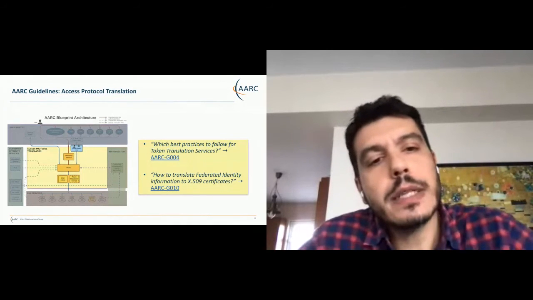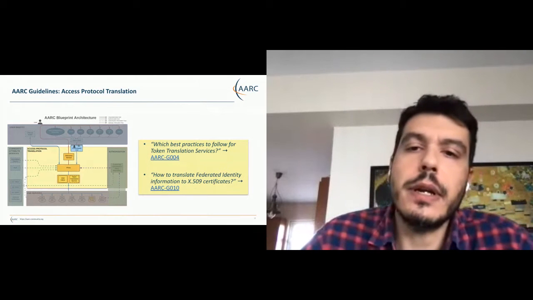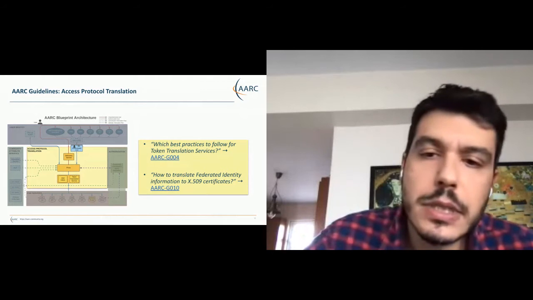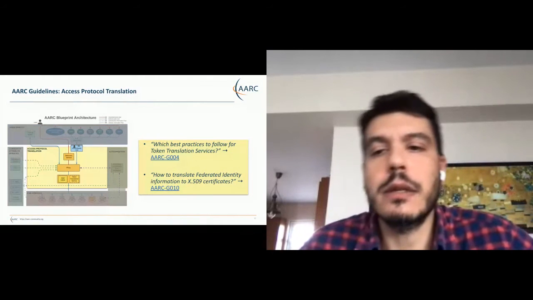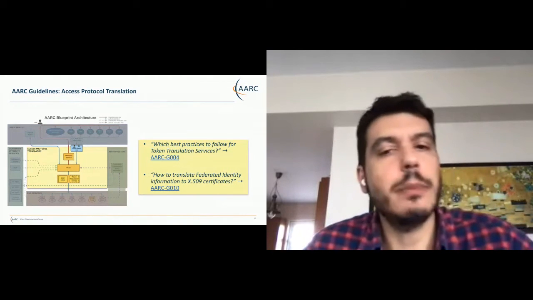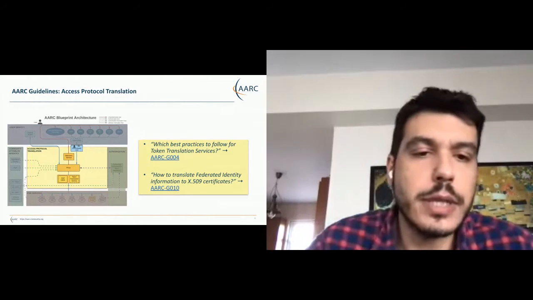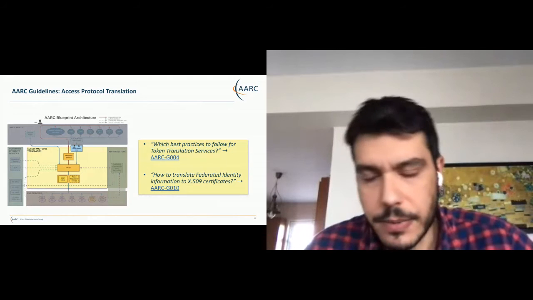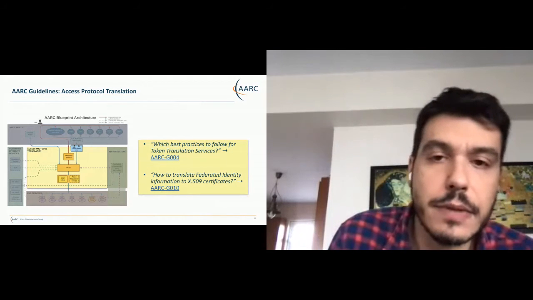Moving on to the access protocol translation layer, there are best practices for implementing token translation services and for translating federated identity information, for example, SAML assertions to X509 certificates, which are still used for accessing services.